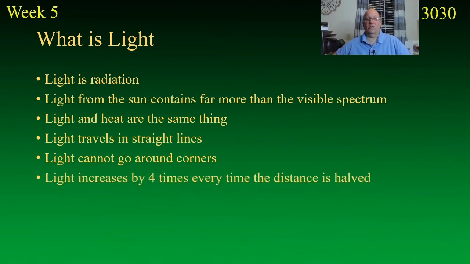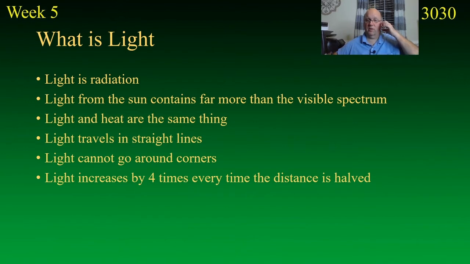Okay, light also increases 4 times every time the distance is halved. Now, that's kind of an interesting thing to say. That's the inverse square law. So, for example, if this is you, and you've got a light here, and the light source registers, say, a certain amount of IREs, you've got 100 IREs, and then you double the distance, you're not going down by half, you're going down by 75%.